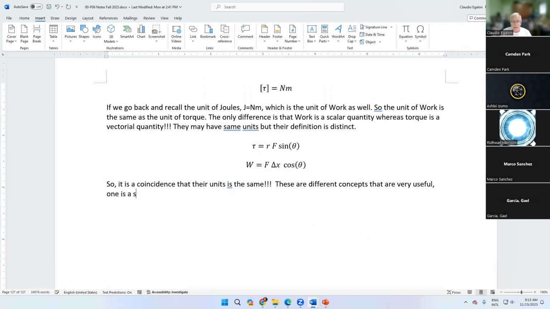One is a scalar, the other is a vector. They're not the same, they're different, and it's just a coincidence that their unit is the same.